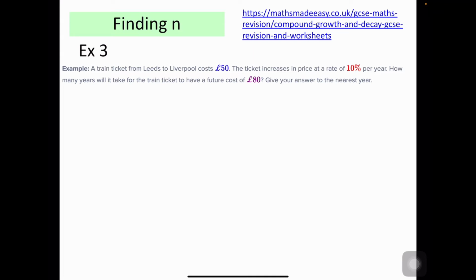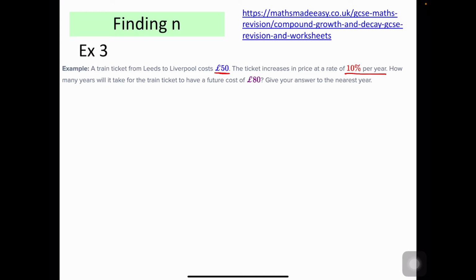Example 3. So it's slightly different. Now, a train ticket from Leeds to Liverpool costs £50. The ticket increases in price at a rate of 10% per year. How many years will it take for the train ticket to have a future cost of £80?